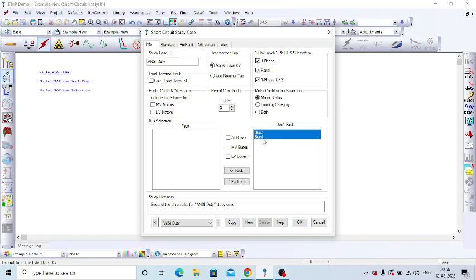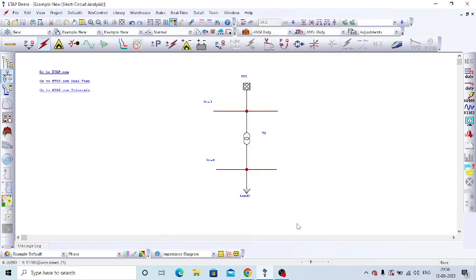We can just select these buses, and if we press this fault, it will go to the bus selection page. Suppose if 100 buses are there, doing it one by one will take more time. In this way we can easily select the number of buses for the fault studies.